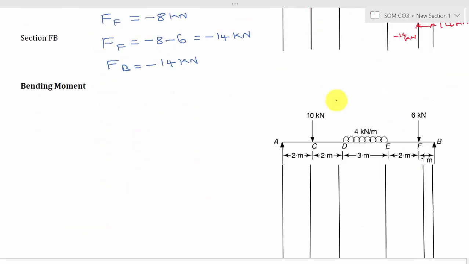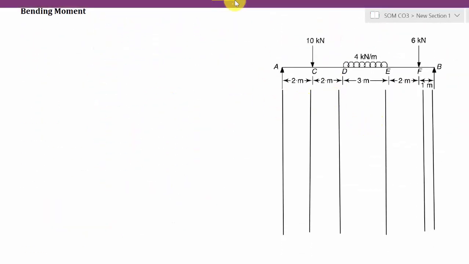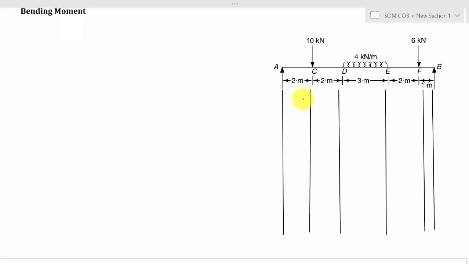Okay, now we'll move into the bending moment diagram. For calculating the bending moment diagram, we have the reaction forces. Ra is 14 kilonewton and Rb is also 14 kilonewton. And this is a point load of 4 into 3, that is equal to 12 kilonewton at a distance of 1.5.